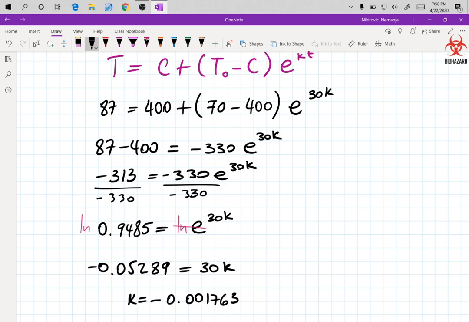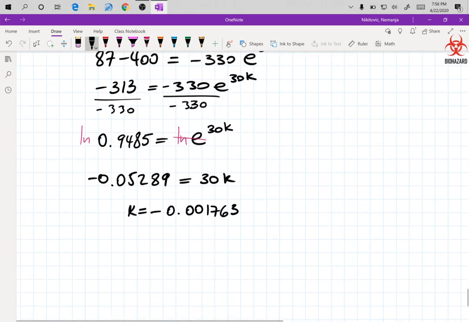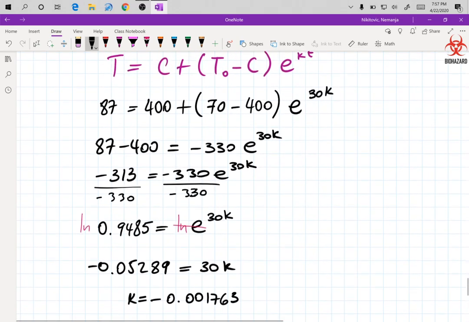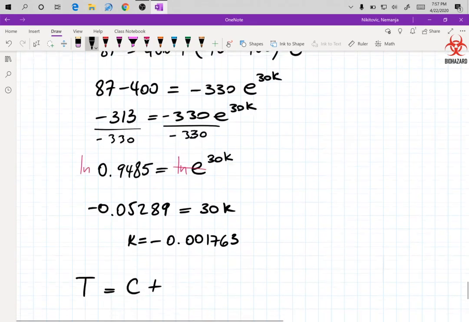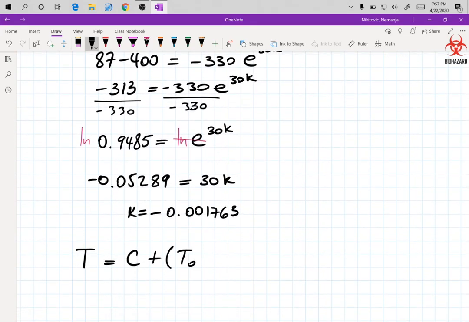Finally, we have our model. I have that the temperature is equal to C plus T0 minus C, e to the negative 0.001763 T.